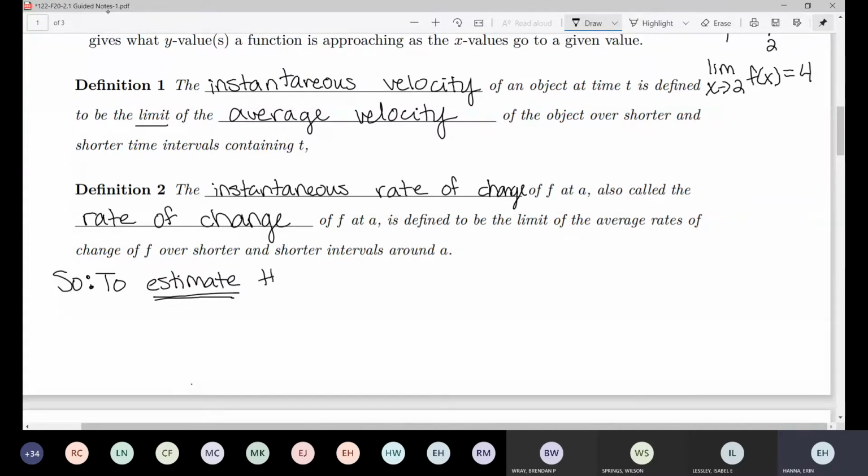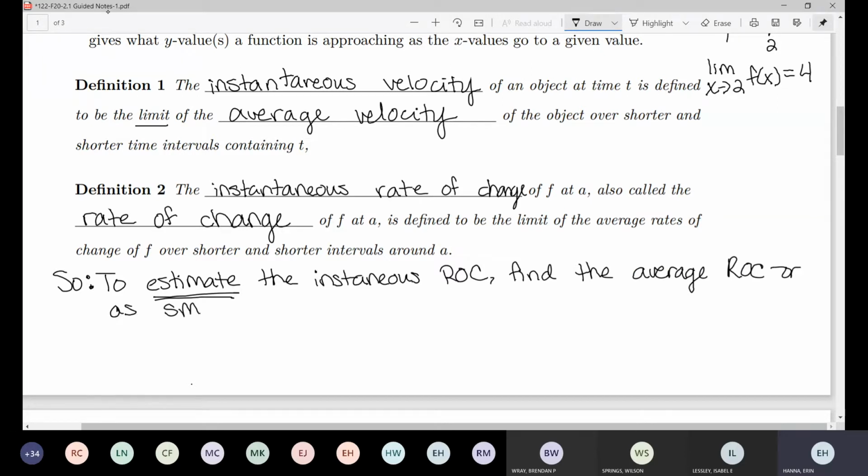So to estimate the instantaneous rate of change, I'm going to abbreviate rate of change or else I'm going to run out of space, find the average rate of change for as small an interval as possible. And we'll do an example in a second after I draw the little picture I want to draw.